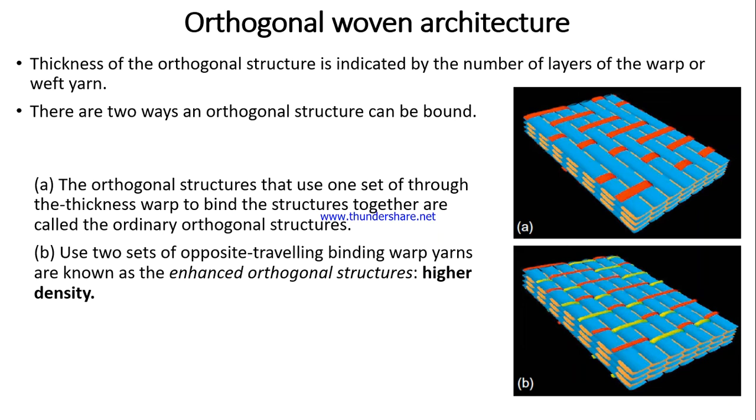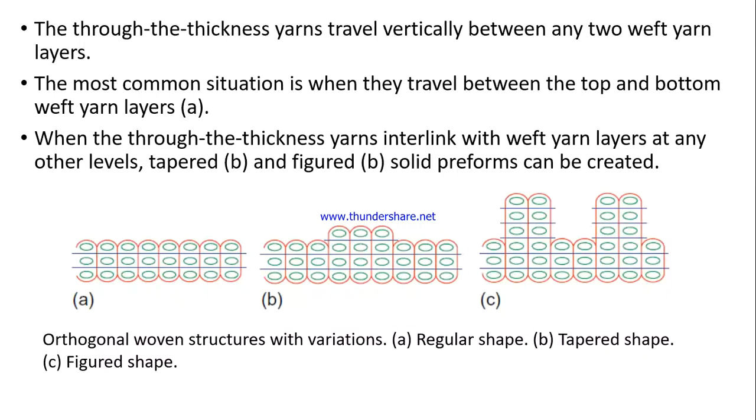So here there are two types of orthogonal woven architecture. You can see the difference from the ordinary 2D structure. Here at minimum three sets of yarns are required to form such a 3D woven structure of sufficient thickness.